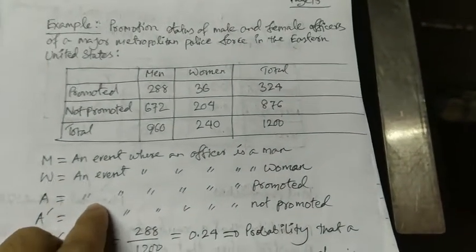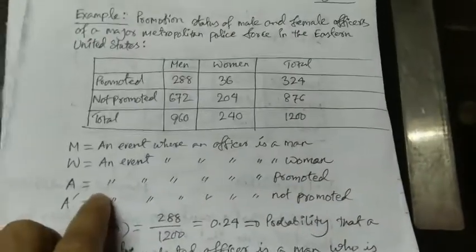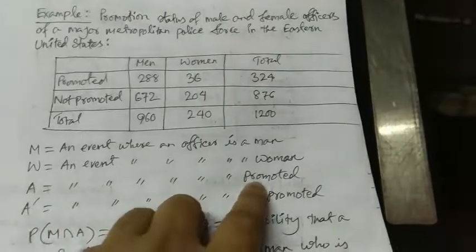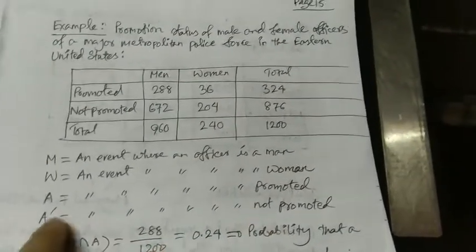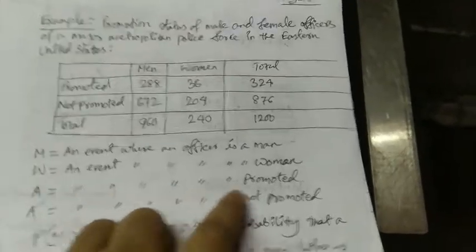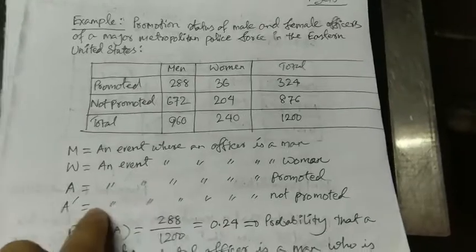A is an event where an officer is promoted. So if the officer is not promoted, it should be A prime.